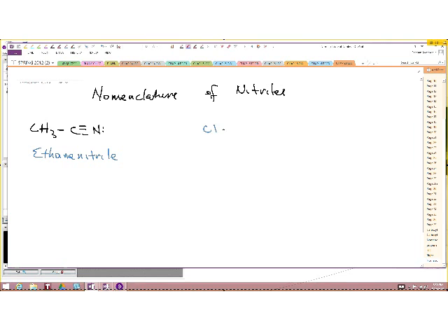If we have this here, how many carbons are there? 1, 2. Keep in mind, you have to count the carbon of the cyano group as one of the carbon atoms.